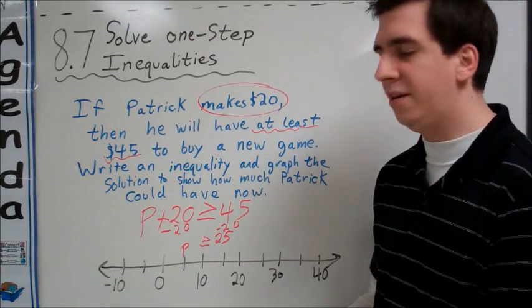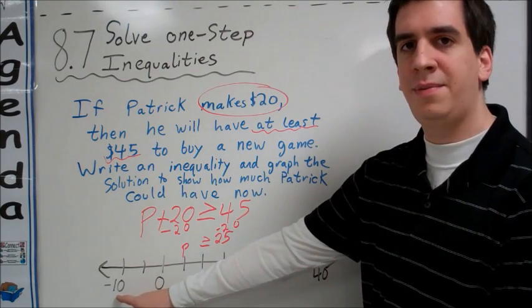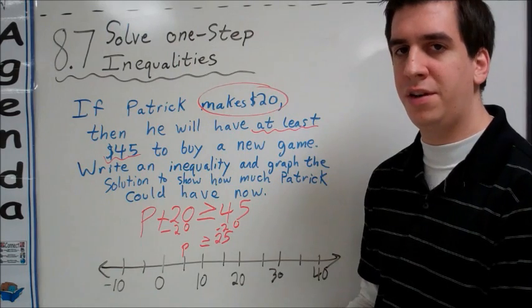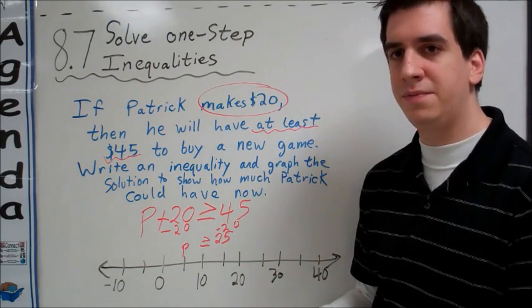Now that the graph's been made, let's look at this. Negative 10. How could somebody have negative dollars? That could mean that they owe somebody money. So think about that. Negative numbers always come into play in real life situations.